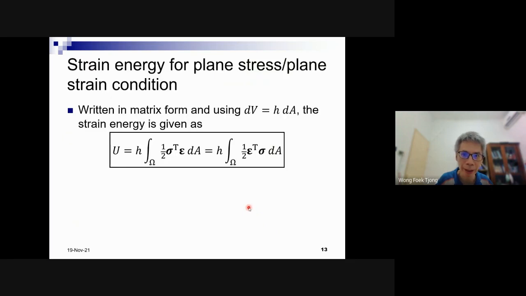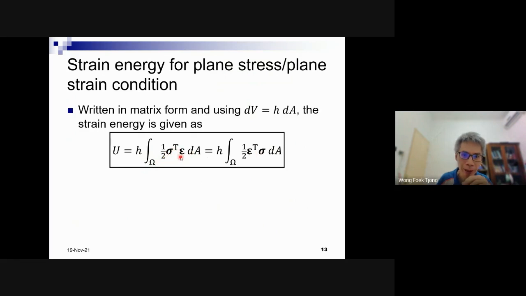We can write it in matrix form because in a plane strain and plane stress problem, we can express dV as the thickness times dA. So we can write like this. This is dV, and S is the thickness, normally constant. This is the integration over the whole body, the problem domain omega. Either use this notation or this notation, the same.